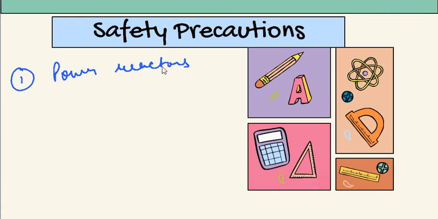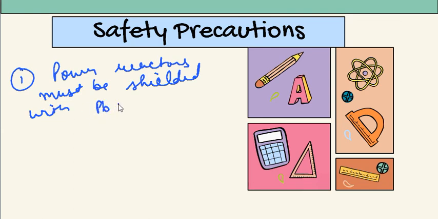Power reactors must be shielded with lead walls. Why? Because lead is a good absorbent of radiations.